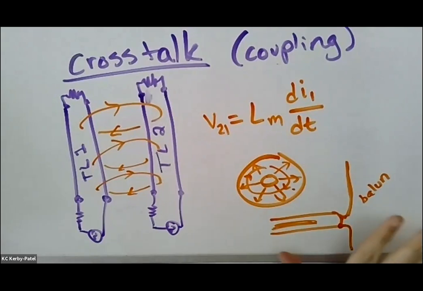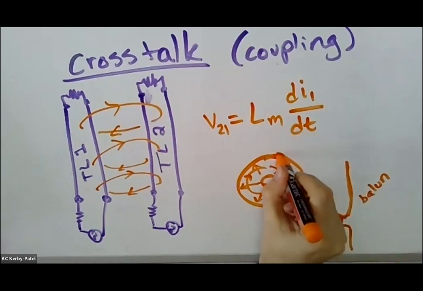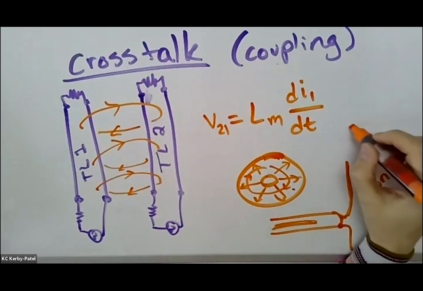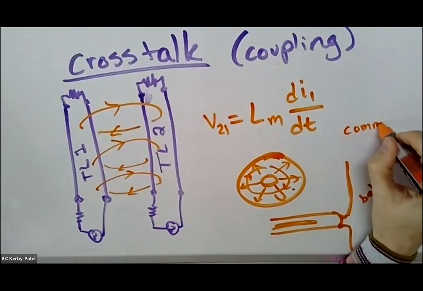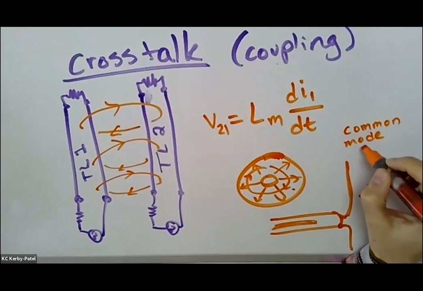Anyway, that's a little bit outside the scope of this class, but it's a relevant concern also because these currents on the outside of your coax, or alternatively common mode currents, are also a problem. I guess these are kind of the same thing sometimes.